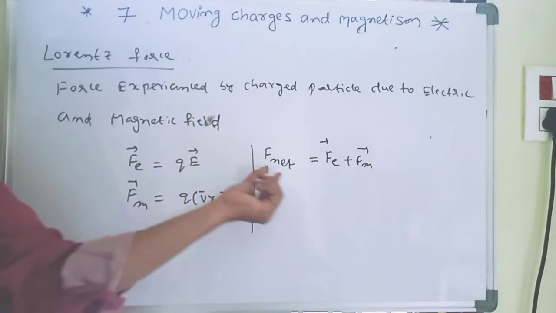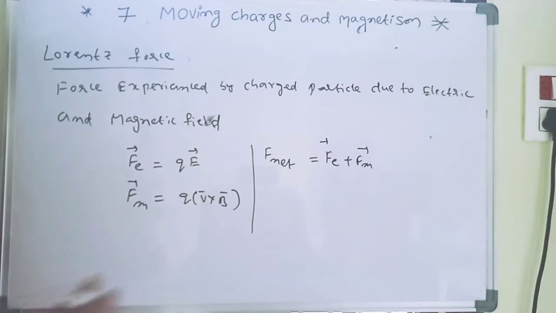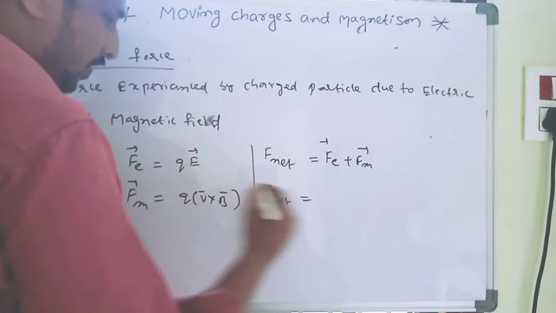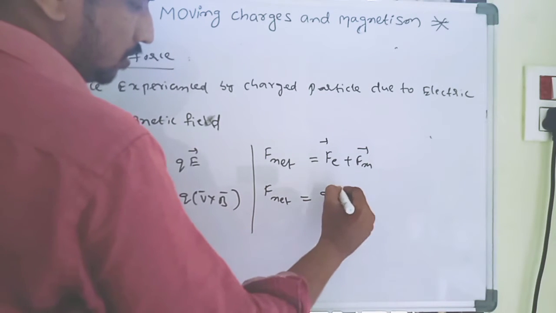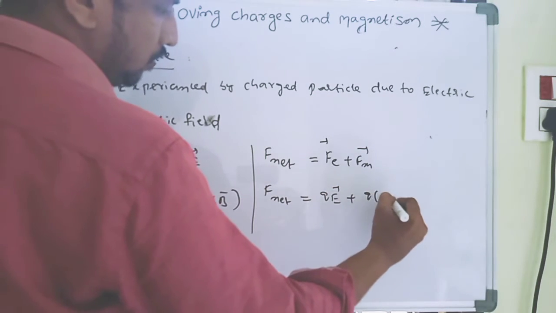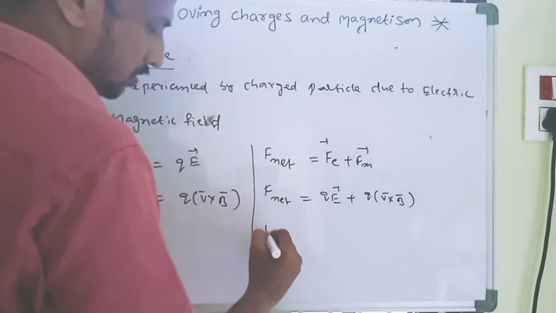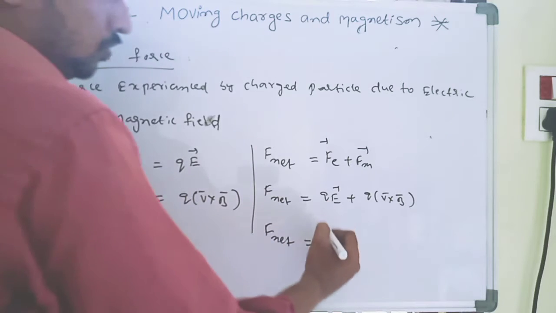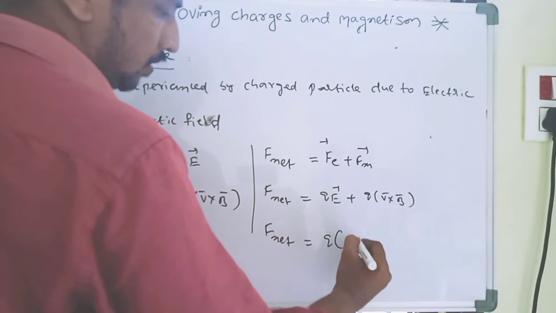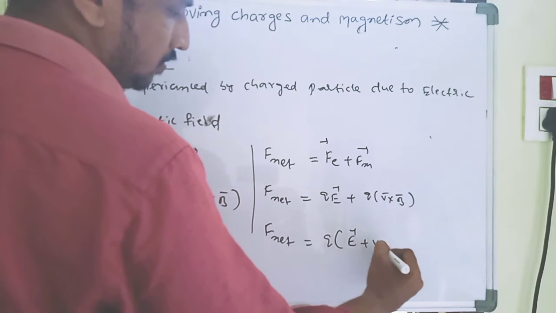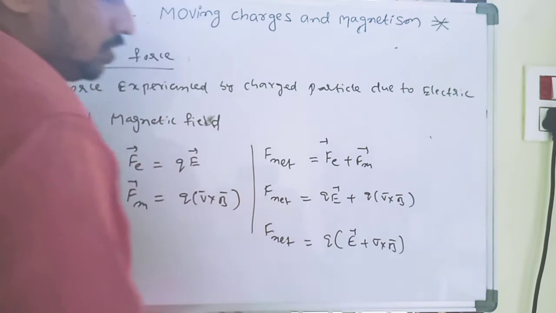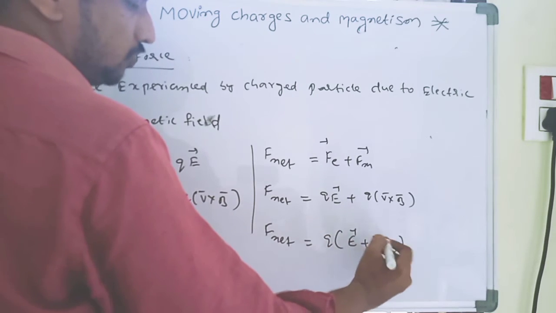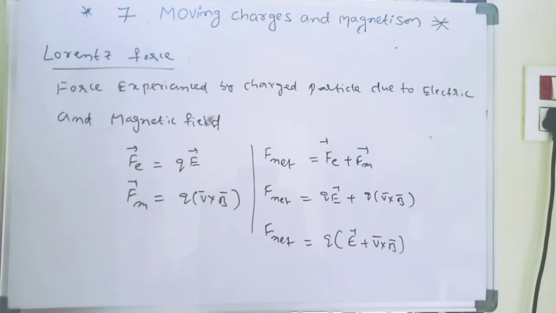So F net is equal to Fe plus Fm, where Fe is Q into E and Fm is Q into V cross B. Therefore net force is equal to Q into E plus V cross B. So this is called Lorentz force.